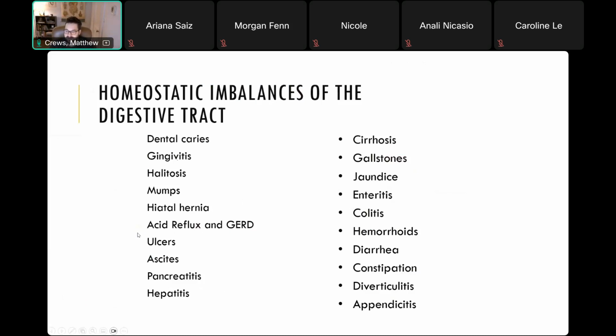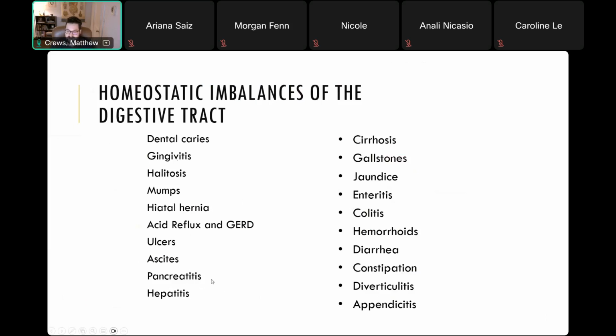Acid reflux and GERD, so that is the gastroesophageal sphincter not functioning, and we're pushing acid back in the esophagus, which is bad, which will cause an ulcer, which is acid breaking down the lining. Okay. Ascites, that's liver failure and buildup of water in your abdomen.